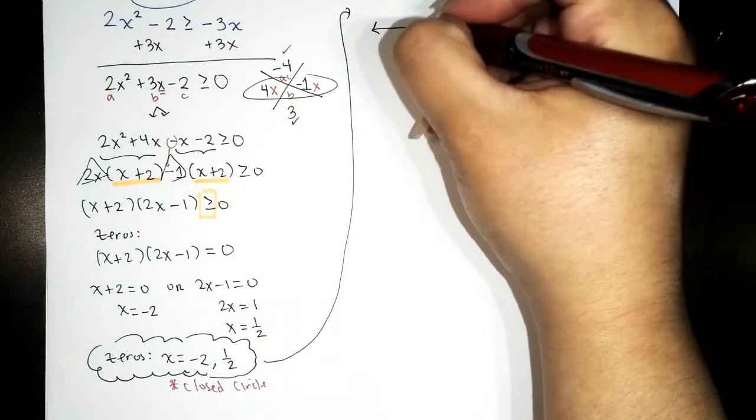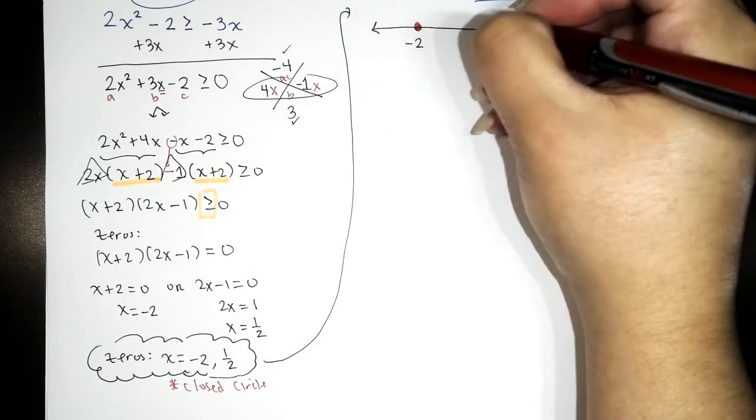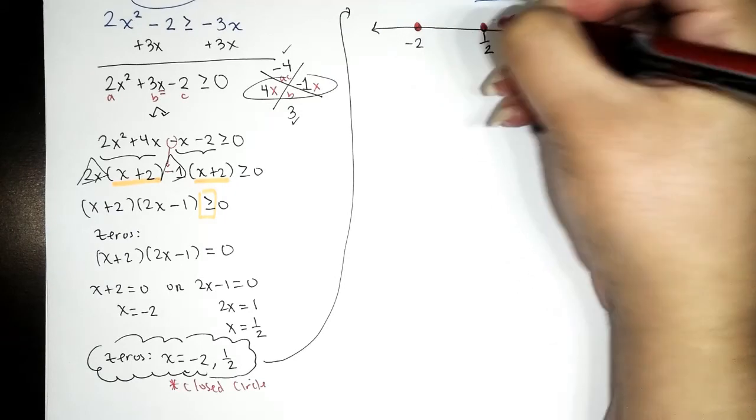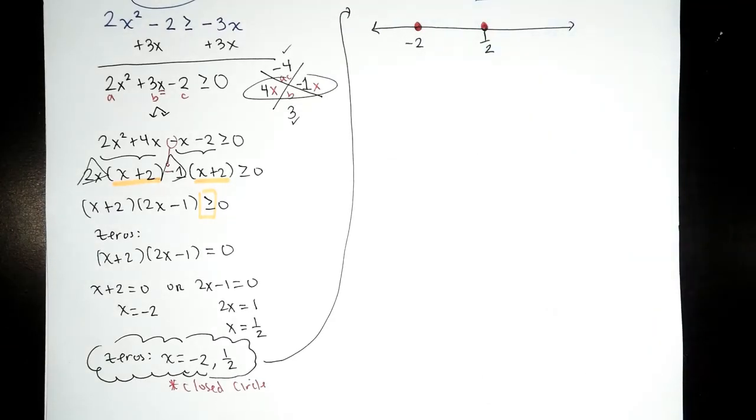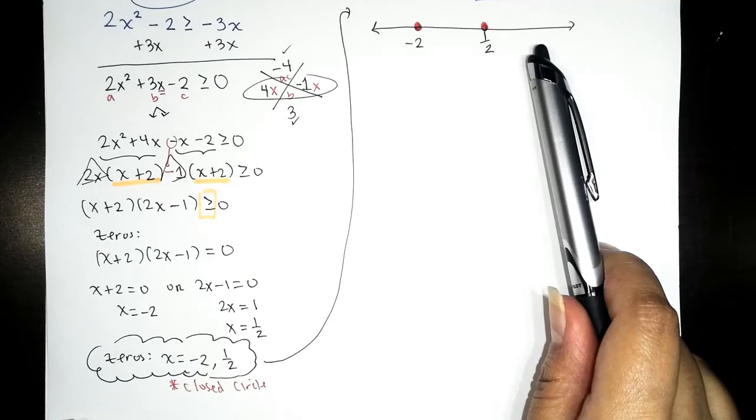Okay, so let's go ahead and graph them. So we found 2 solutions so far: -2 and 1/2. So how do we solve a quadratic inequality? By using test intervals. Step number 1, find the zeros. Step number 2, use the zeros to split the number line into test intervals.